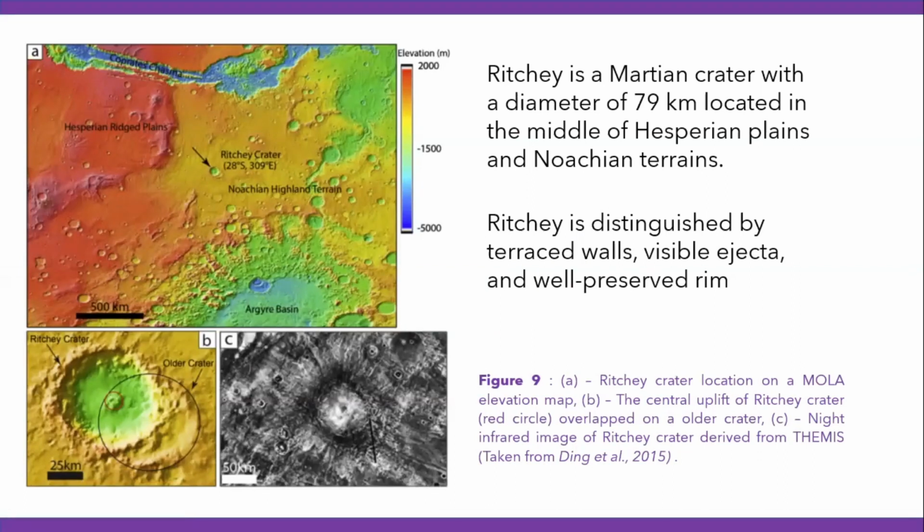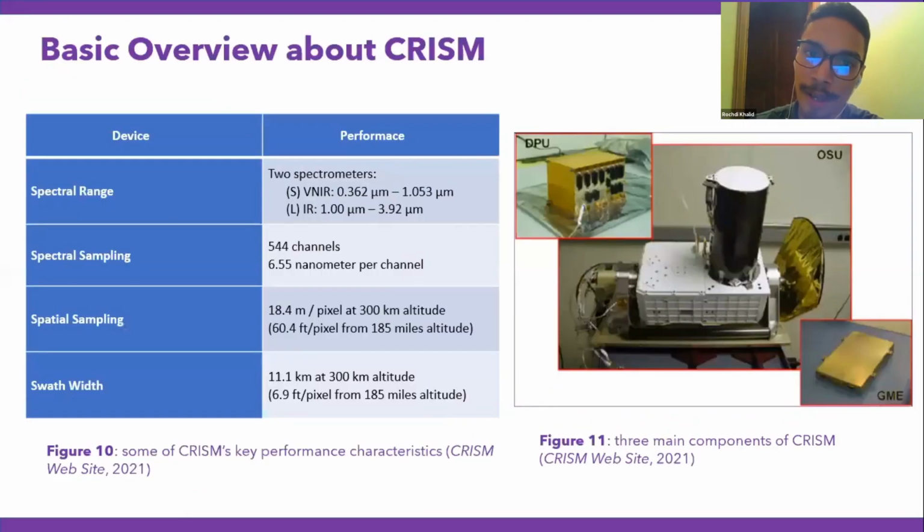For Ritchey crater, the data we got is from CRISM, the Compact Reconnaissance Imaging Spectrometer. It's the tool from which we got our data set. It's a visible infrared hyperspectral device.